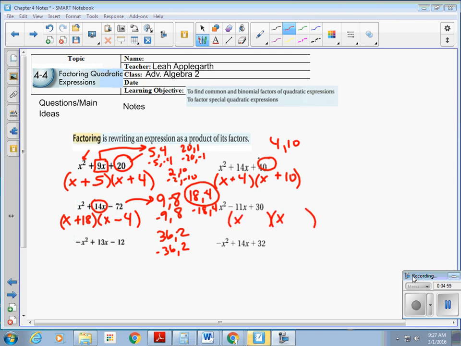So the two numbers that multiply to give me 30 and add to give me negative 11. So let this number dictate the sign of your factors. I want two numbers to add to give me a negative number, but multiply to give me a positive number.